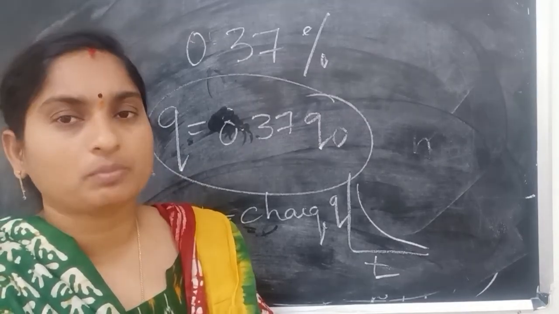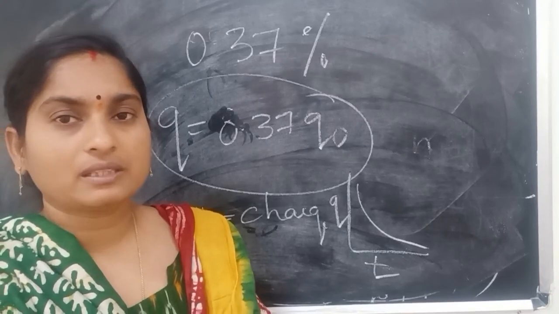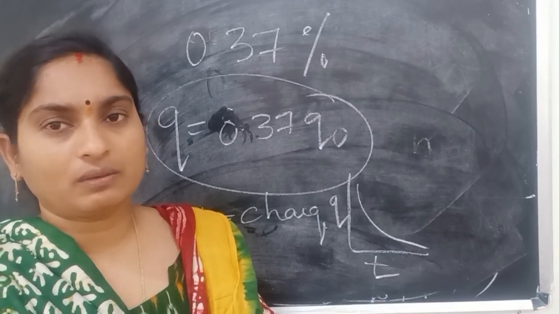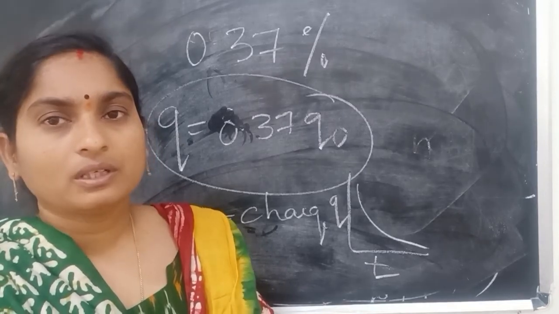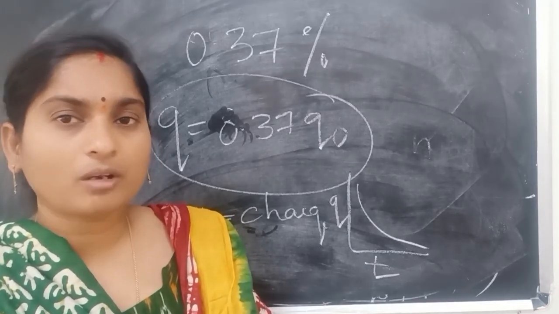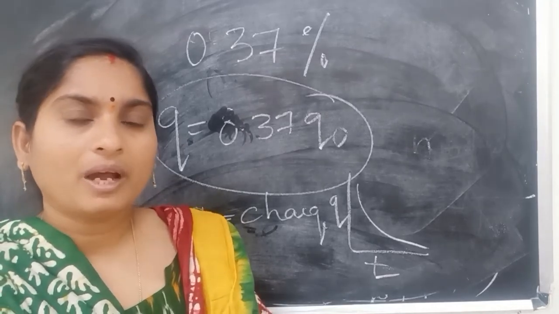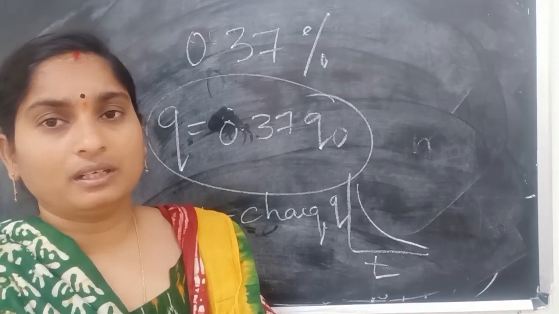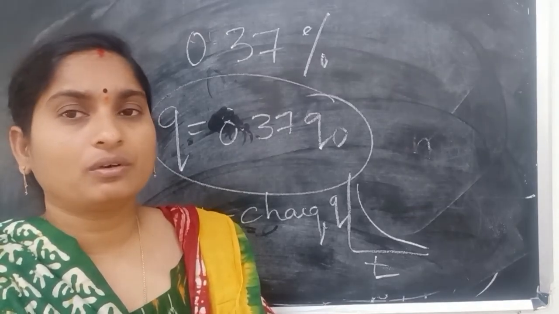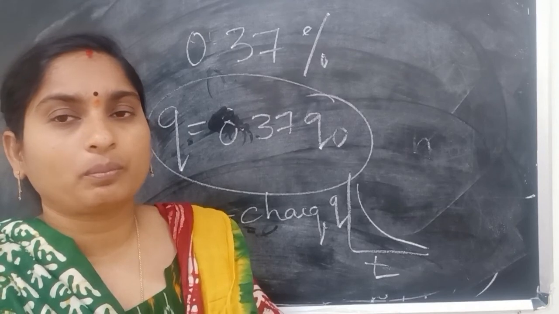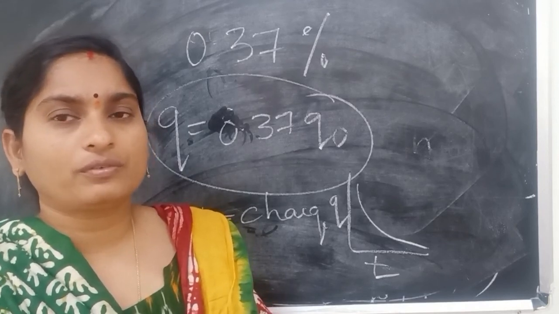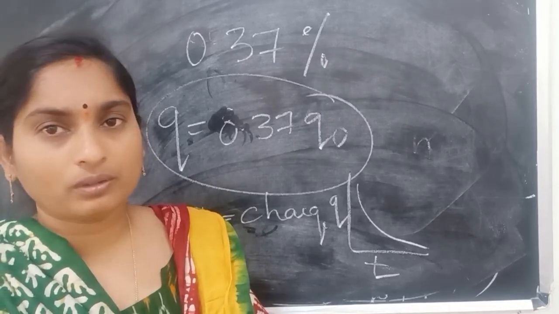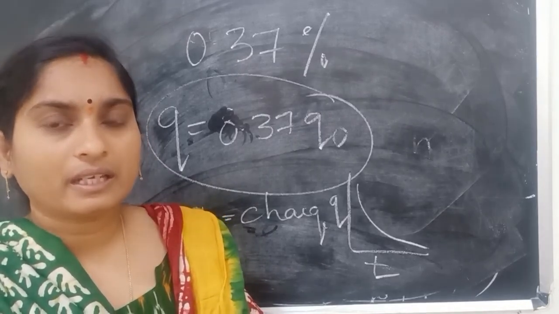How many charged particles there are is our interest. To calculate, Q is equal to Q naught into 1 minus exponential minus T by RC. Similarly, the percentage of growth is 63% of charges, right?